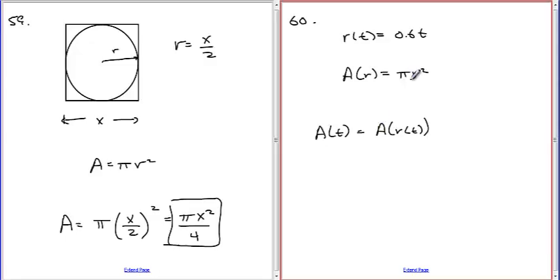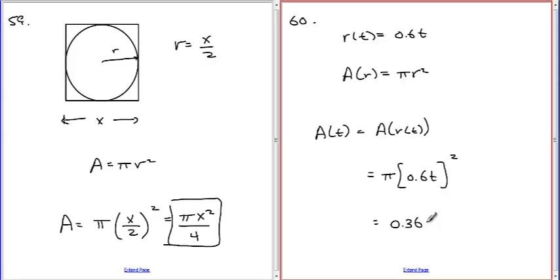So the area is a function of radius, but radius is a function of time. So we just take pi, but instead of r squared, we put in the result here, which would be 0.6 t, and we square that. And so if you square 0.6, you'll get 0.36.